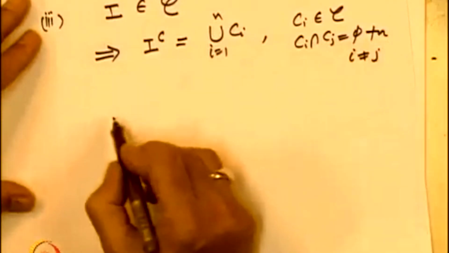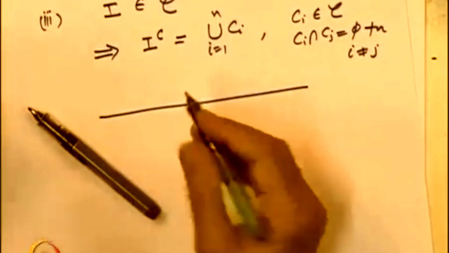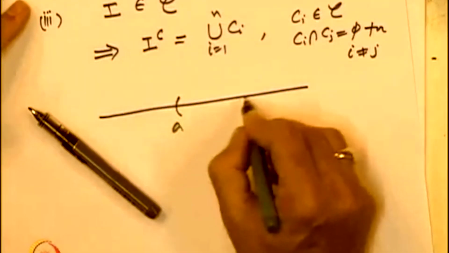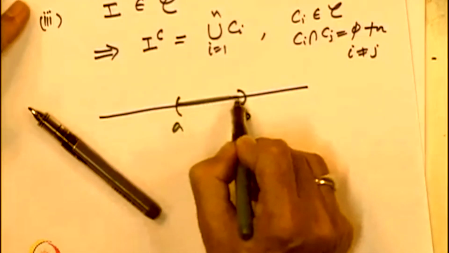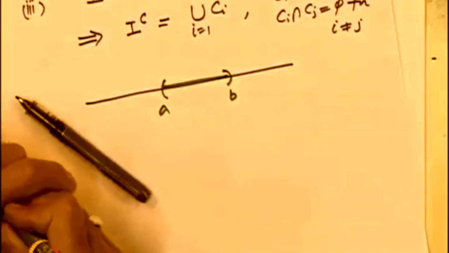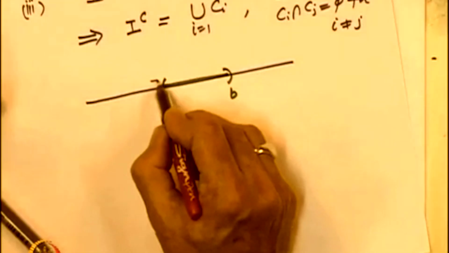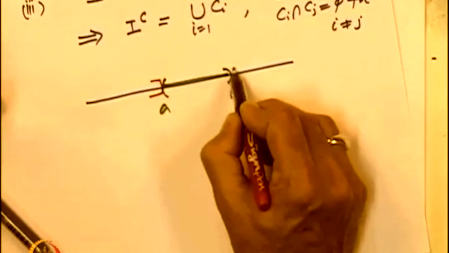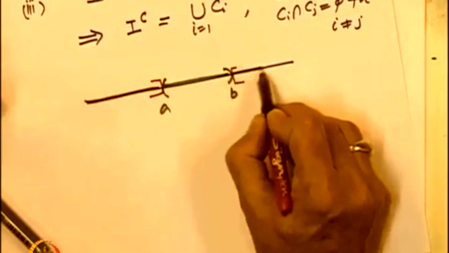So once again let us look at an interval, say the open interval (a, b). So that is my interval. So what is going to be the complement of this? In fact, the complement of this looks like two pieces. One is this side, other is this side. So this piece and this piece.